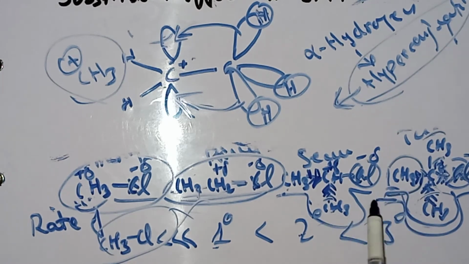So it becomes more stabilized when the chloride ion is removed, which also means the 3 degree alkyl halide ionizes easily. These are all substituent effects. I hope this point is clear.